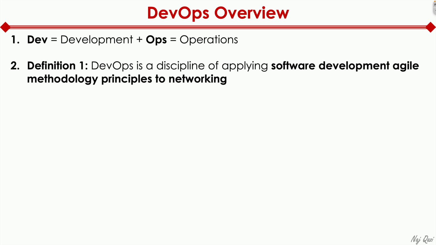So first, let me take a step back and give you the official definition of DevOps. It's a discipline of applying software development agile methodology principles to networking. So for those of us that are familiar with agile type project management approach, agile methodology is basically we do projects in sprints and we do them at a very, very rapid pace. Sprints are basically the amount of time that each sprint might be made up of.